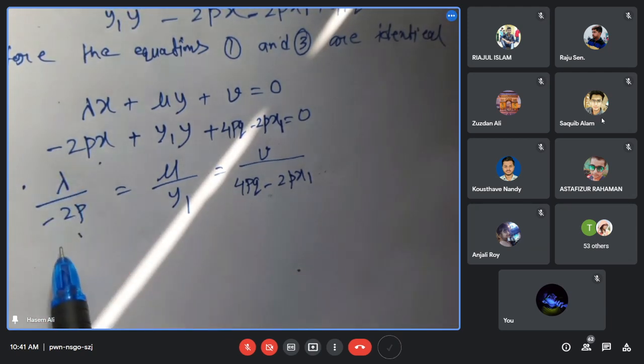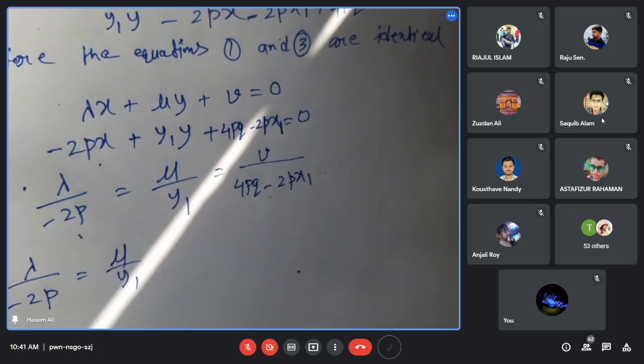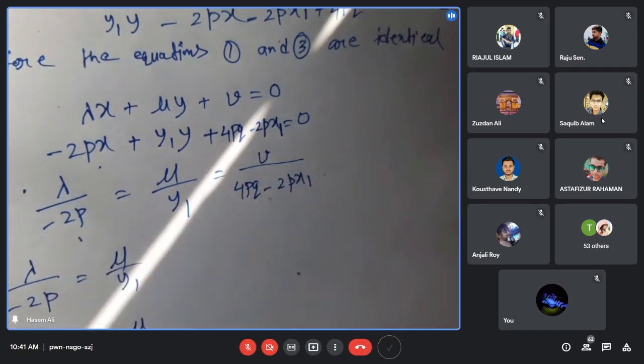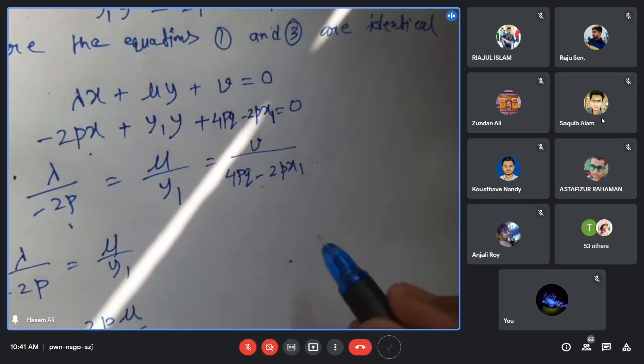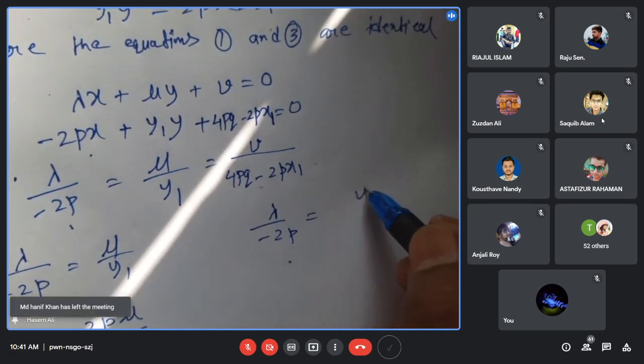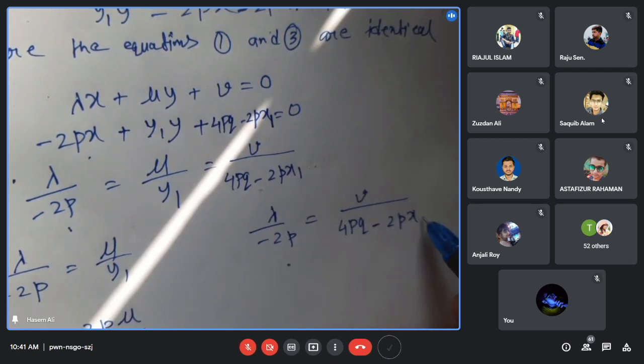So from these two, lambda by minus 2p equals to mu by y1. Just find y1. So y1 equals to minus 2p mu by lambda. And from first and third terms, lambda by minus 2p equals to v by 4pq minus 2p x1.